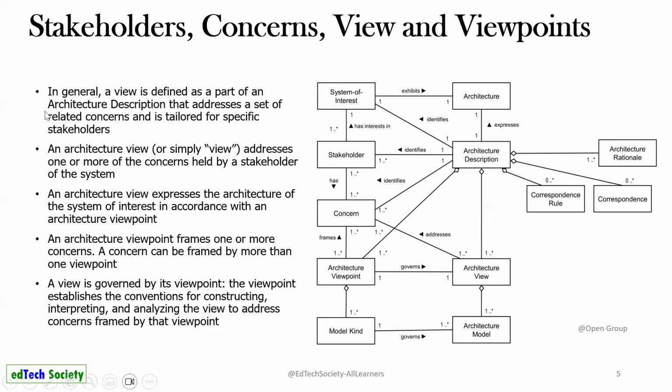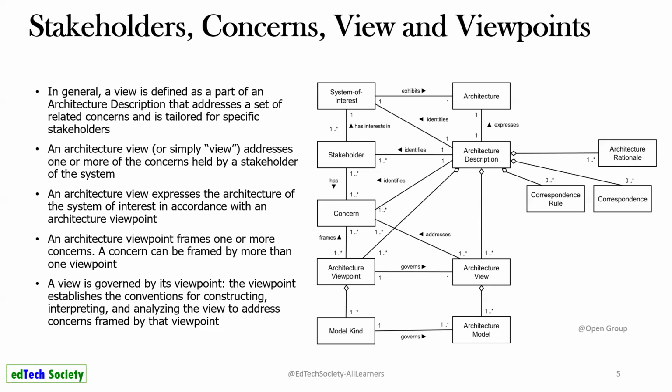So I'll just quickly go through the points and then I'll show you the diagram. In general, a view is defined as a part of an architecture description that addresses a set of related concerns and is tailored for specific stakeholders. So that is point number one.